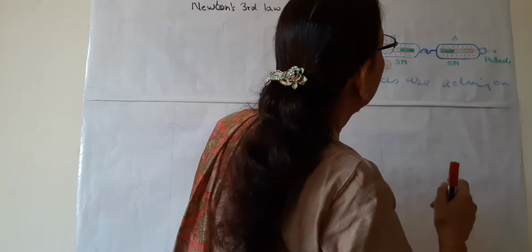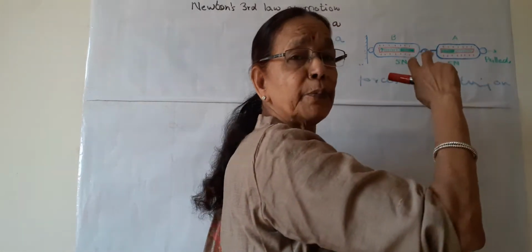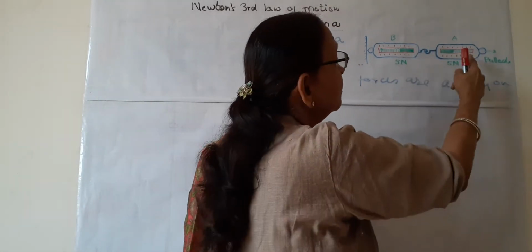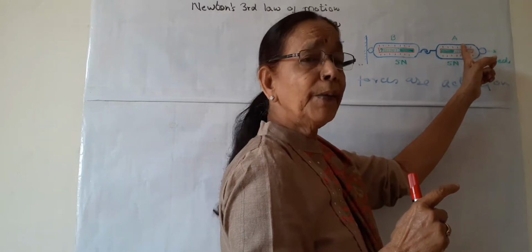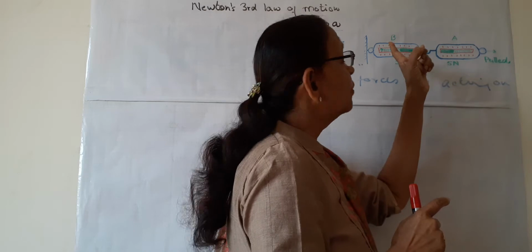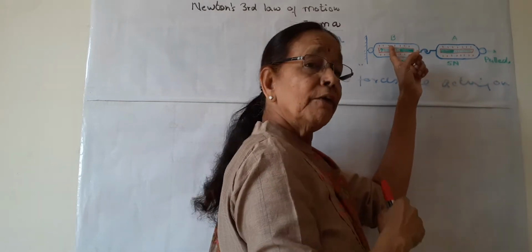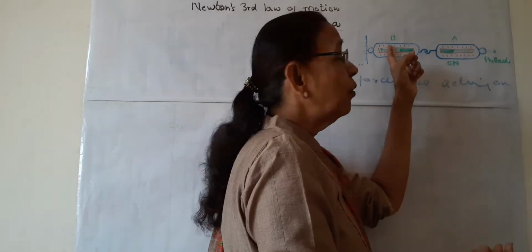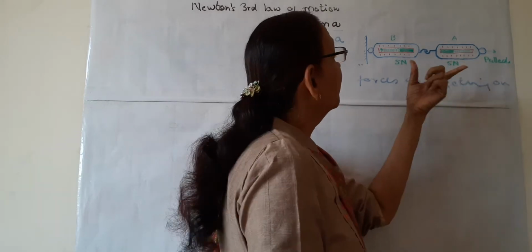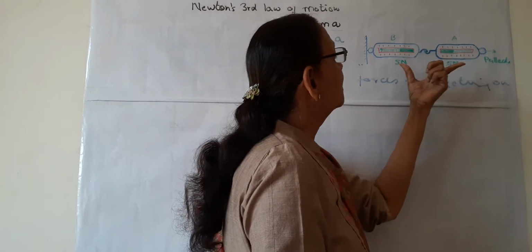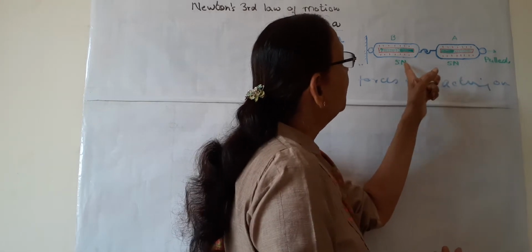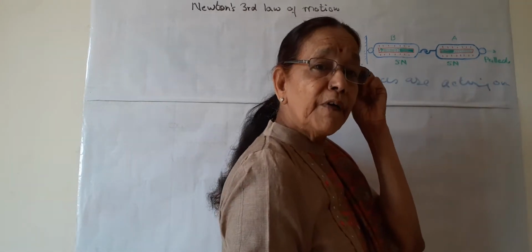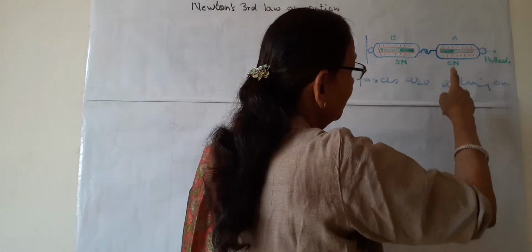What will we see? In both the spring balances, this will give us the force. The force applied on A is applied on B, and B gives a reaction force to A. We see the reading in both the balances is the same. Suppose it is 5 Newton here, here also it is 5 Newton. Why?